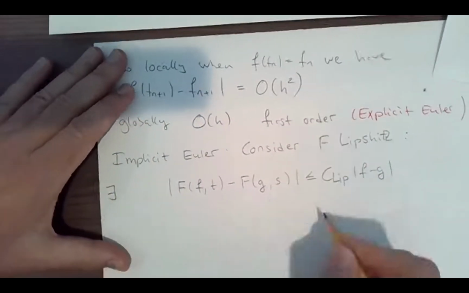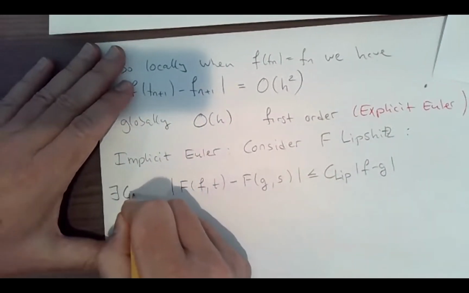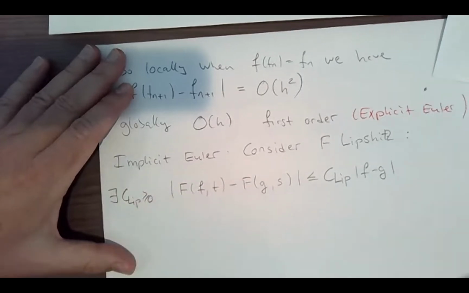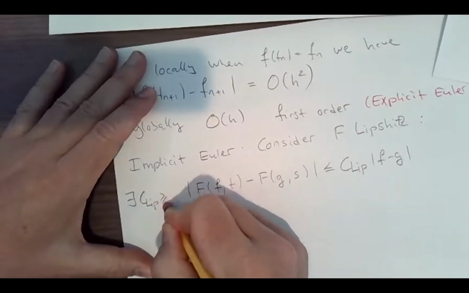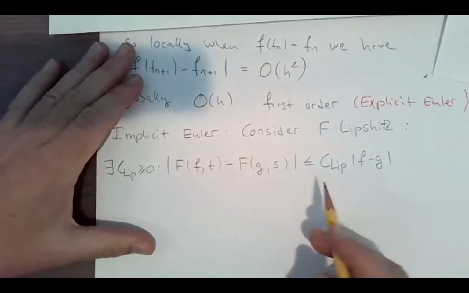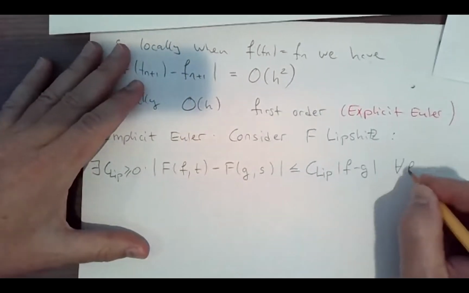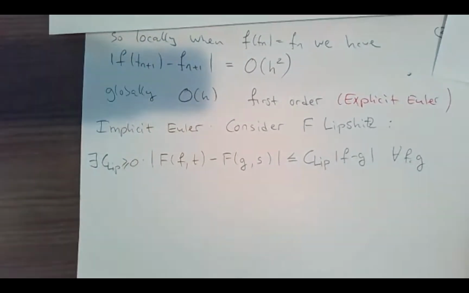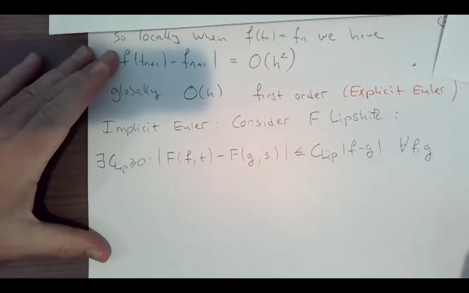There exists a constant C Lip such that this derivative doesn't behave too crazy, and this is for all points. So this is the Lipschitz property.